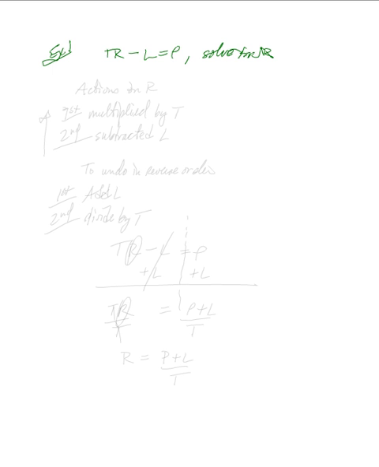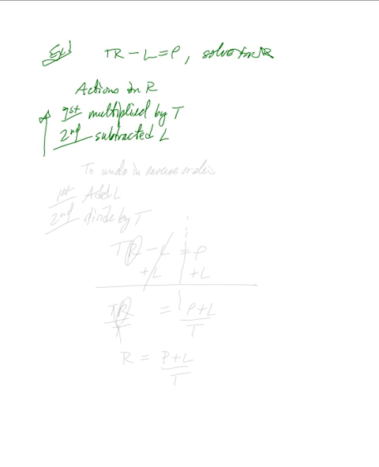What you want to think of is what actions occurred or happened to R. So actions on R. Well, first, we multiplied by T. And you might ask, how do I know that? Well, if I were to put a value into R, the first thing I'd do is have to multiply by T, and then I would have to subtract L. So the second action is subtracted L.